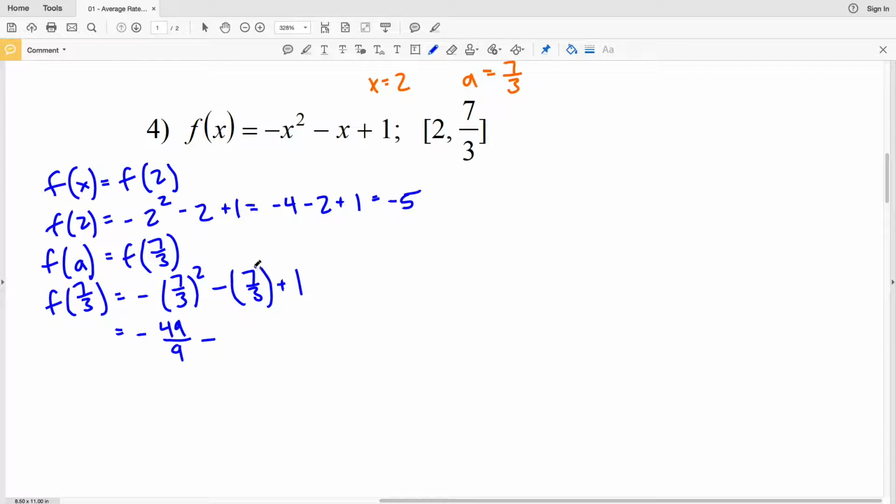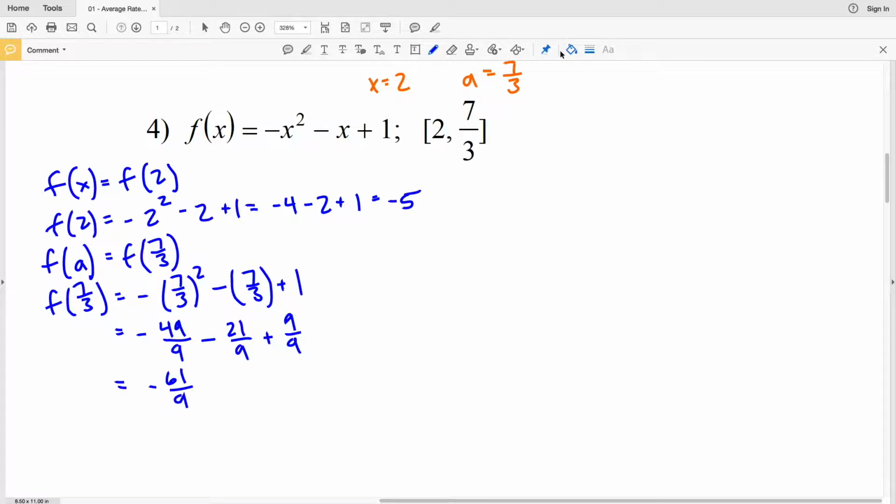And then we'll be subtracting 7/3, but I want a common denominator of 9, so I'll multiply by 3 over 3, so that's 21 over 9, and then I'll be adding 9 over 9, which is equivalent to 1. Now simplifying, negative 49 minus 21 plus 9 is equal to negative 61, so we'll have negative 61 over 9. That is f of 7/3.